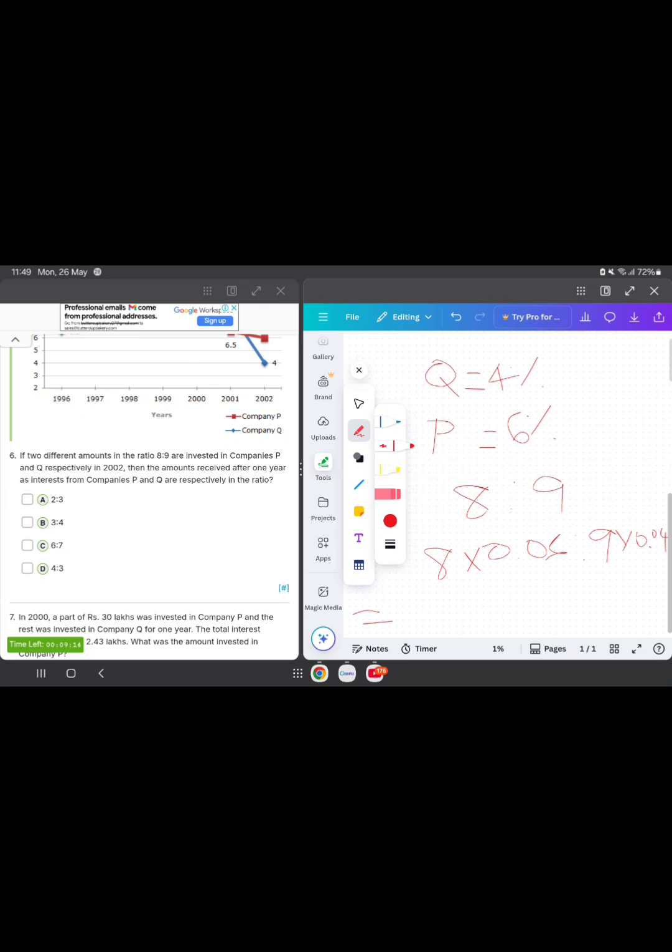Then on the other side is 9 times 0.04, which gives us 0.48 to 9 times 0.04, which is 0.36. Okay, and then using this we can see that 12 enters in both 48 and 36.